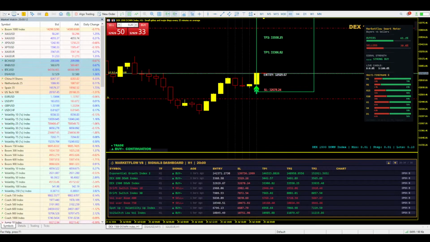Yeah, so at the same time, guys, I'm just trying to help one of my people to install the indicator. But I see what the issue was. For those of you who recently got the signals dashboard, when you input the instruments that you want to scan, you need to type it in exactly as it is in the broker.